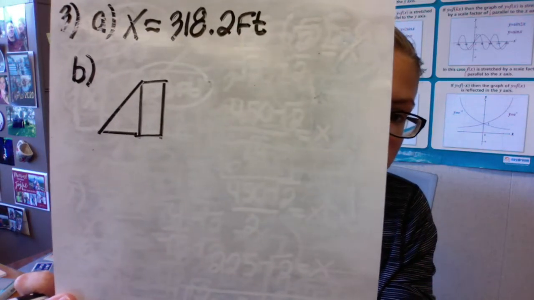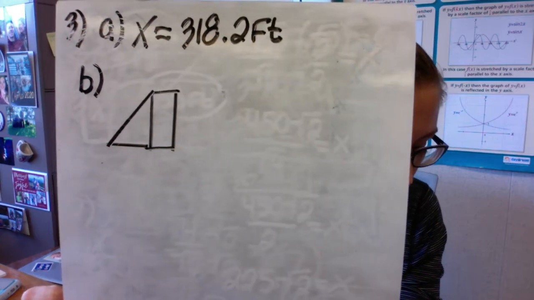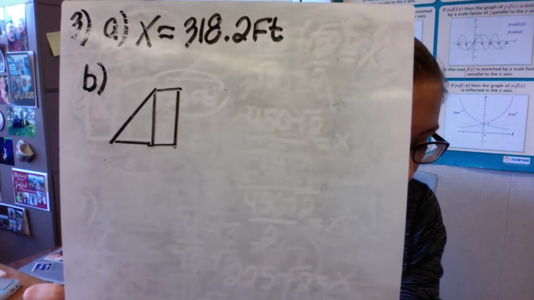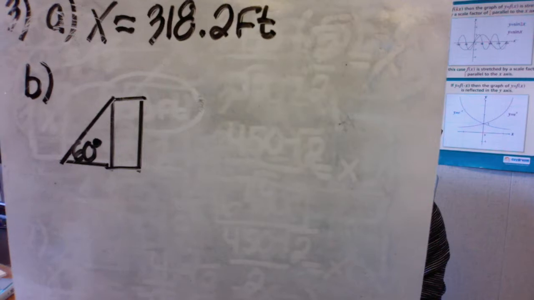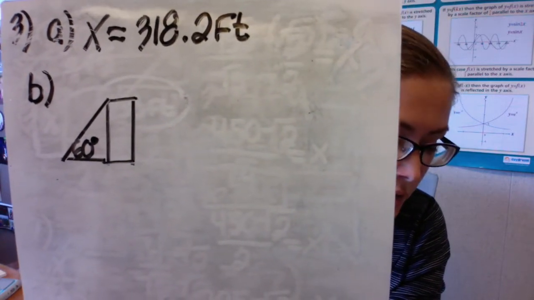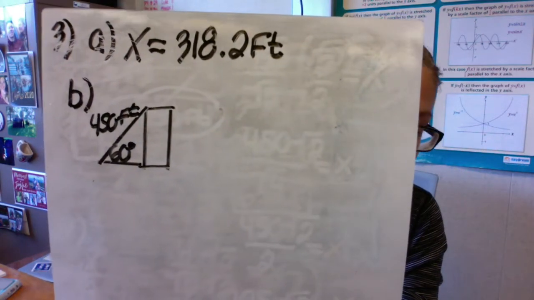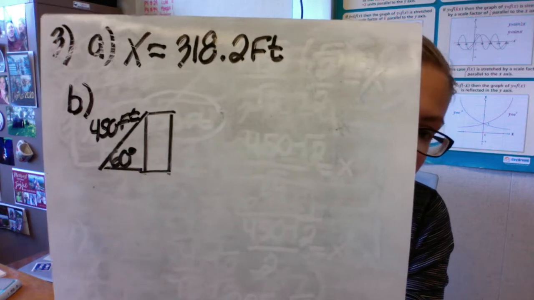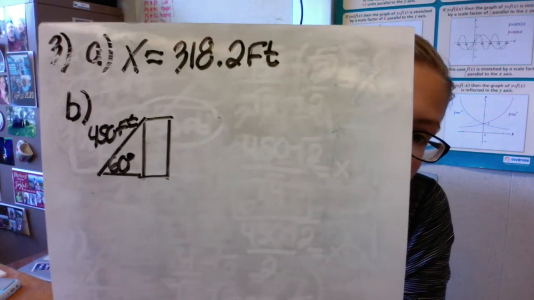Here's our picture. We know the angle between the ground and his webbing is 60 degrees, and his webbing will still shoot 450 feet. So for 30, 60, 90 triangles, we need to find the smallest side first, which will be our bottom one.